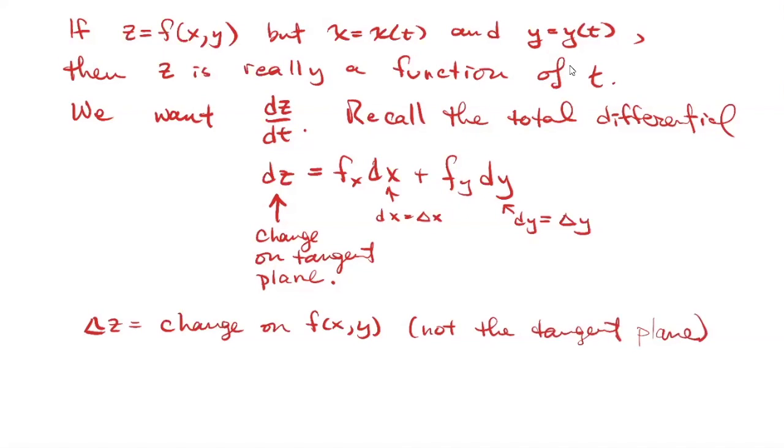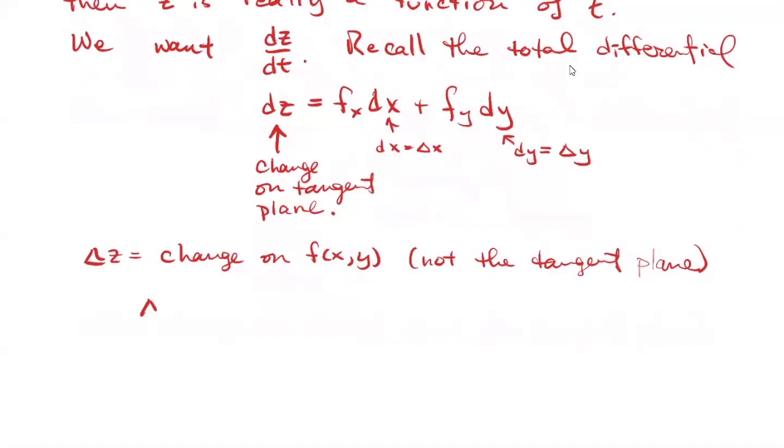Okay. So delta z is approximately dz. Oops, let me, I got that backward. I meant to say that delta z is approximately dz.